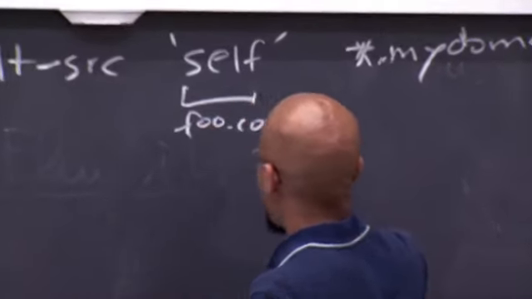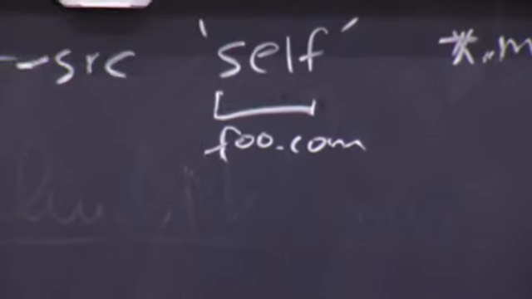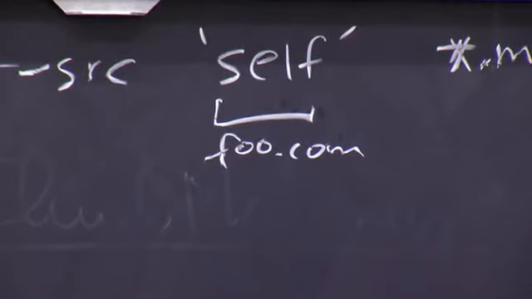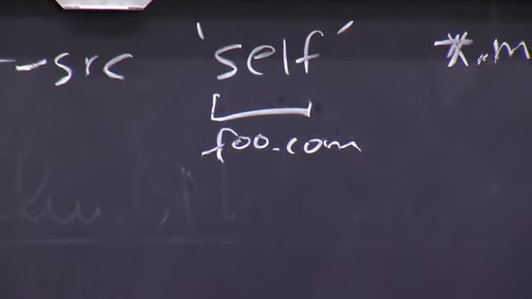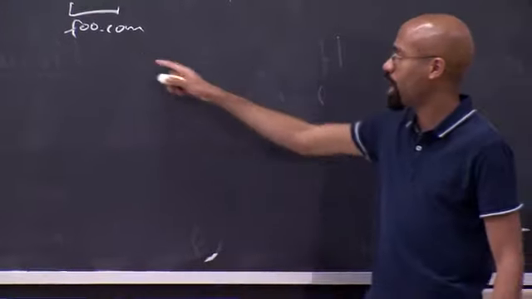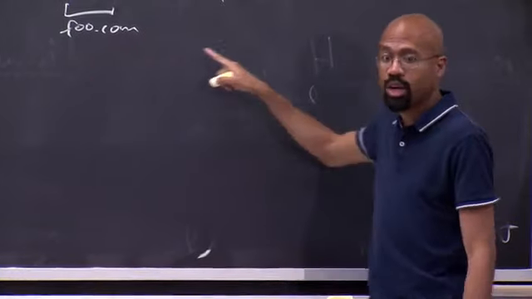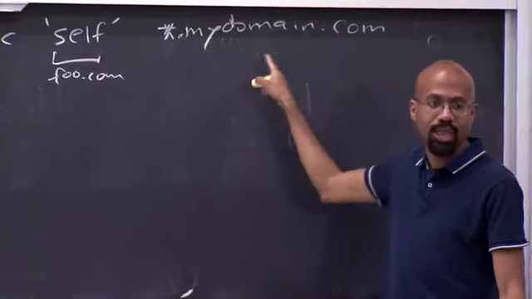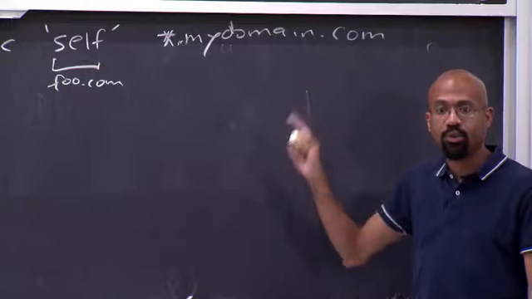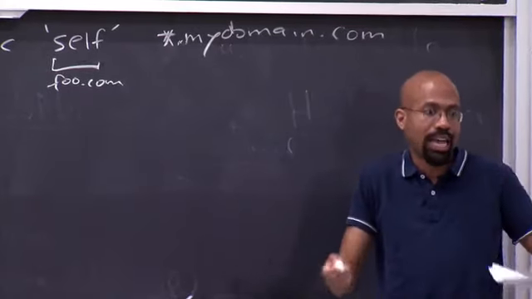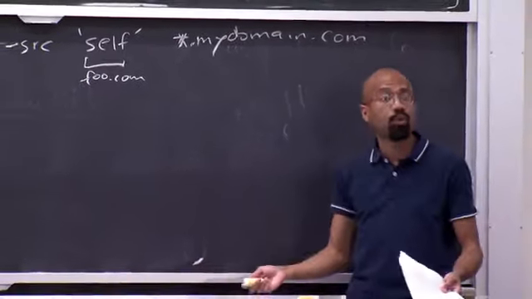That's the origin of the server that's sending this thing back to the browser. So if somehow there's a cross-site scripting attack and the page tried to generate a reference to, let's say, bar.com, the browser would say, okay, bar.com is not self, right? Bar.com is also not in this set of domains. So therefore, the browser can just say, I will not allow that request to go forward.